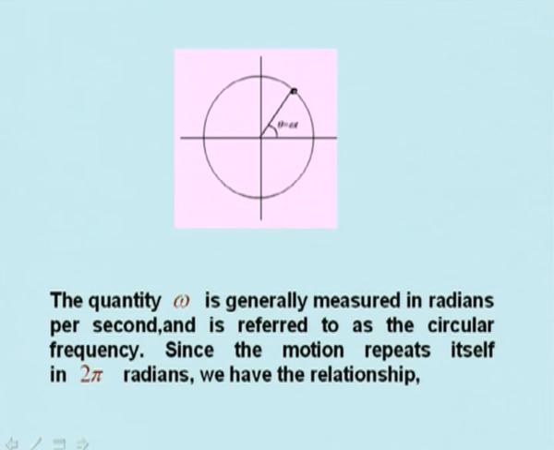It is connected by a string. You can assume that in a horizontal plane, a string is attached with the mass and it is moving in the circle. If it starts at time t equal to 0, then at time t, theta is equal to omega t.